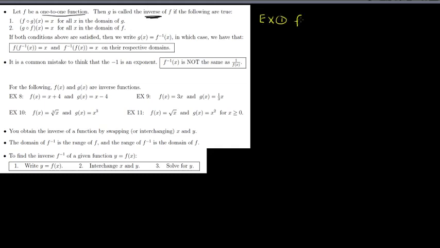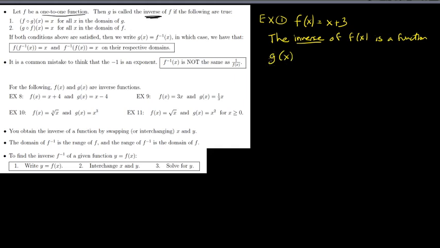We have a function f of x, and let's go back to just x plus 3. We already said that this is 1-to-1, and since it's 1-to-1, we can find what's called the inverse. The inverse of f of x is another function, which I'll call g of x, at least for now.